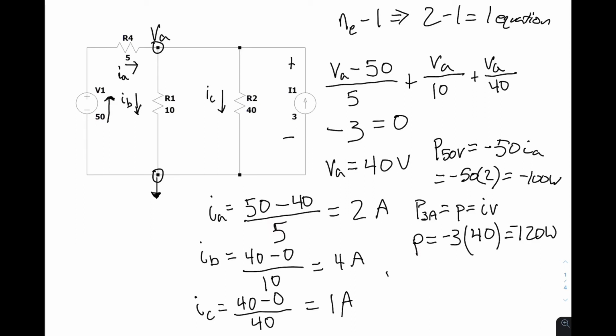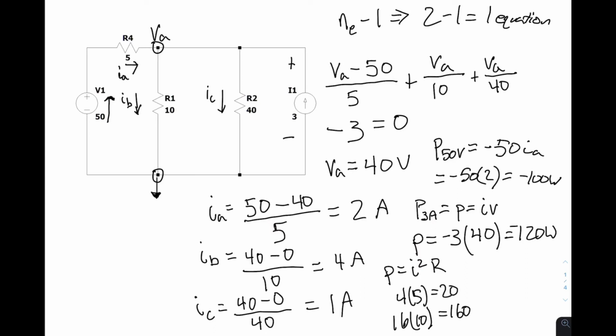Checking our answers, we can use P equals I squared R. For IA, we have 2 amps. 2 squared is 4, so 4 times the resistor 5 is going to equal 20. Then for IB, 4 squared is 16 times R1, which is 10. You're going to have 160.